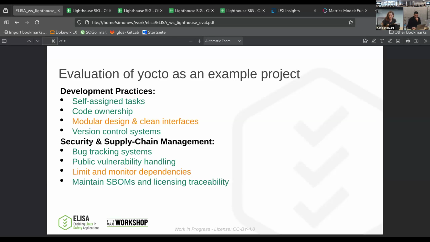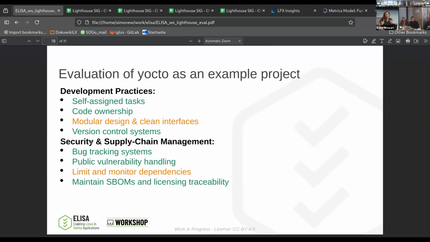Version control system: again, Git is used. Bug tracking system wise, Bugzilla is used as well, but it's used as the sort of proof, I would say. There are not multiple systems in parallel.